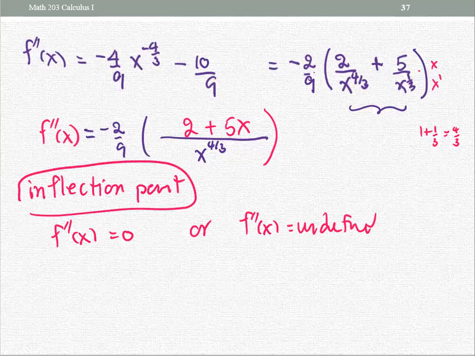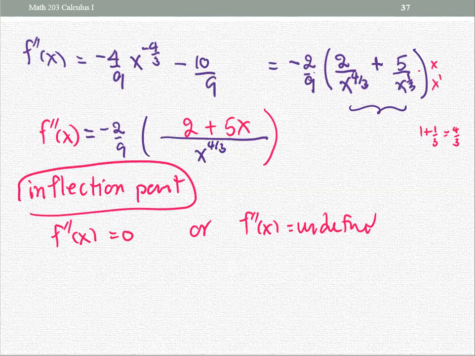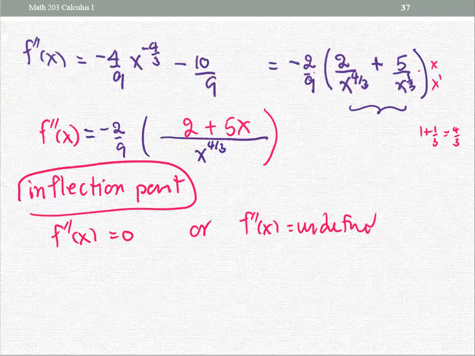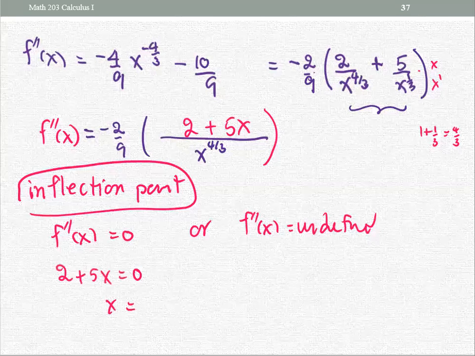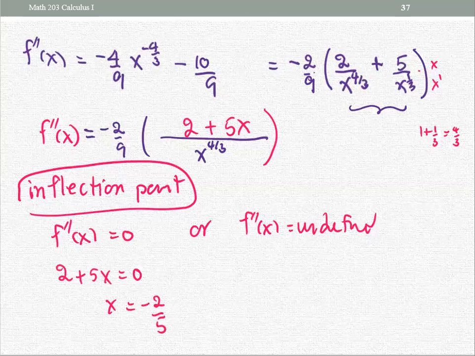In this fraction form, as you see, negative 2 over 9 is just a coefficient, no x involved, so we don't have to worry about that. So take the numerator for the case that f double prime equals 0. We have x equals negative 2 over 5, or negative 0.4.